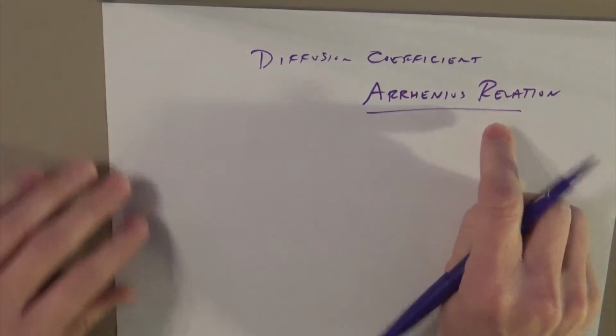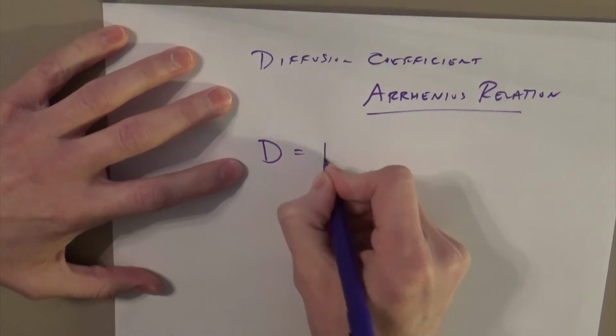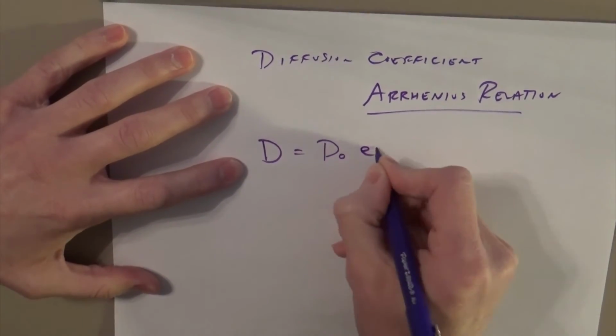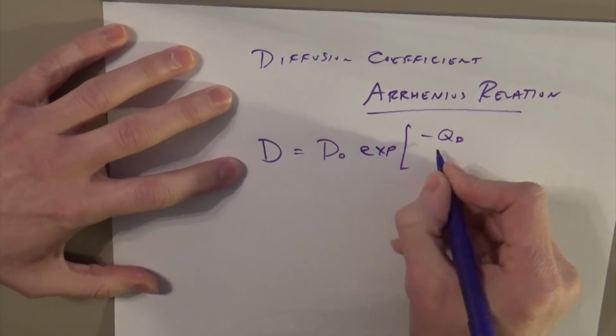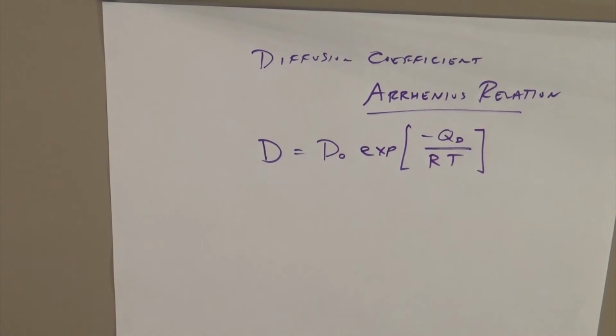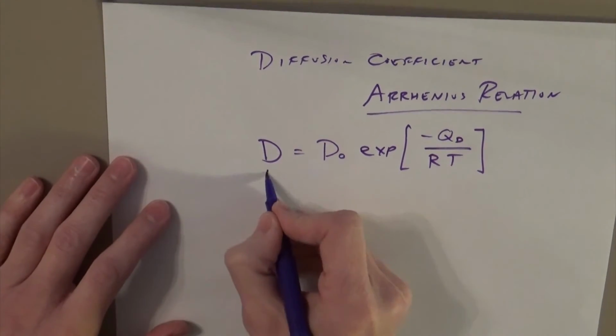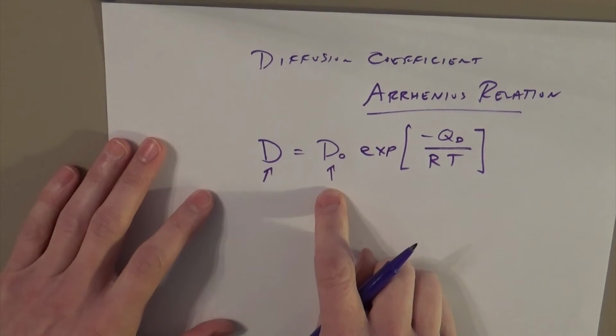And we talked about that last week, right? That an Arrhenius relationship looks something like this. D0 times e to the negative Qd over RT. So now this is our diffusion coefficient. This is our pre-exponential.